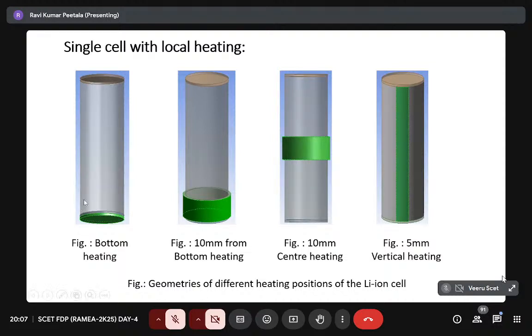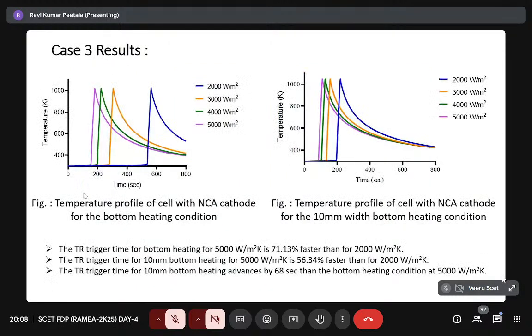So I intentionally gave heat to the bottom surface, for 10 mm from the bottom, supplying heat from 1000 to 5000 watt per meter square, and similarly at the middle, to see which is more dangerous or more effective, meaning where more heat is absorbed in the various regions. So that is what we did.